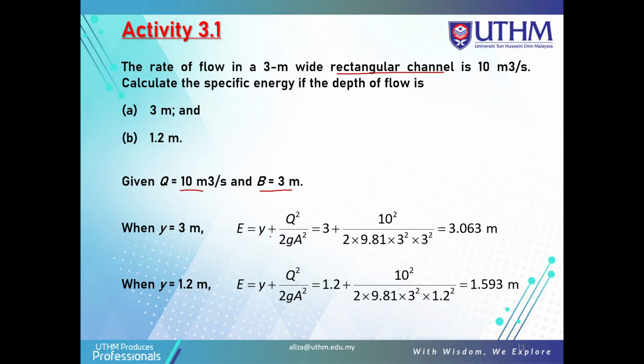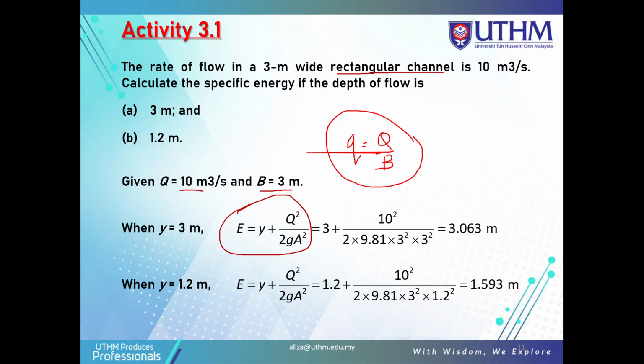Because Q is given, you can get q, the discharge per unit width, where q is equal to Q over B. Then just put it into the formula here.